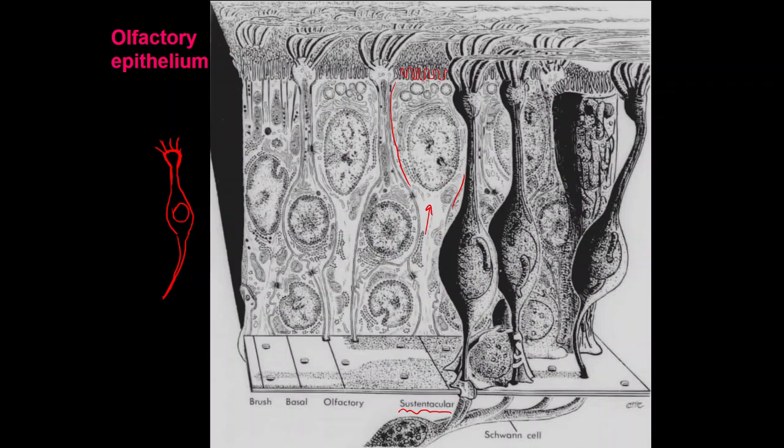And so the outer nuclei of this epithelium belong to sustentacular cells, and the deeper nuclei belong to olfactory cells, the sensory cells, and also we have basal cells. So there are also basal cells which can divide, and they can form these neuronal cells in here.